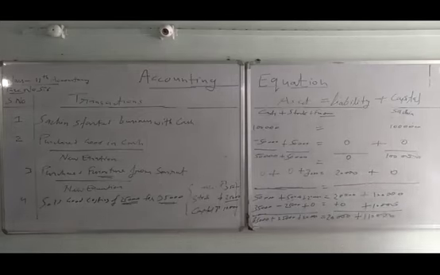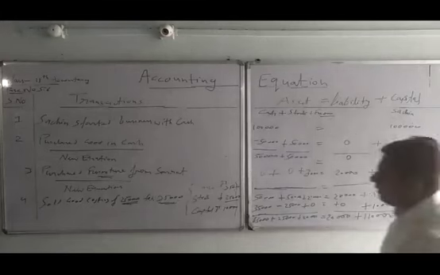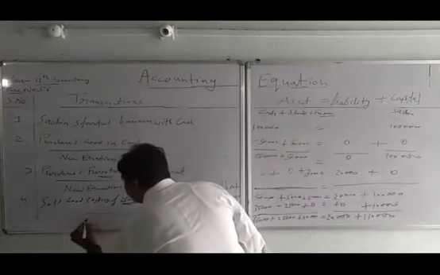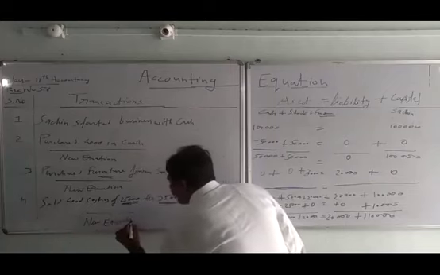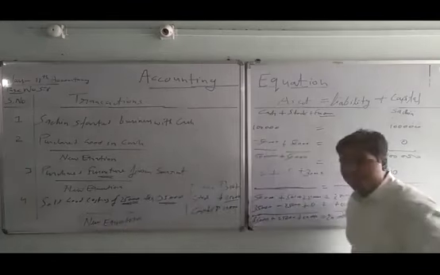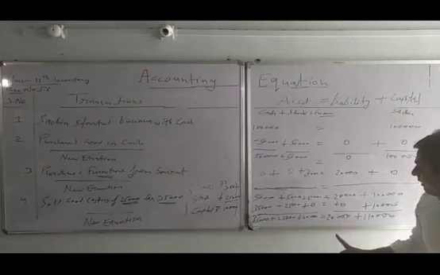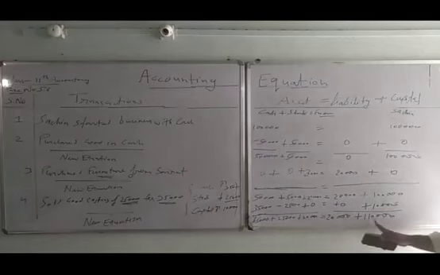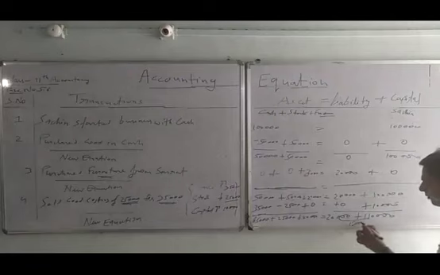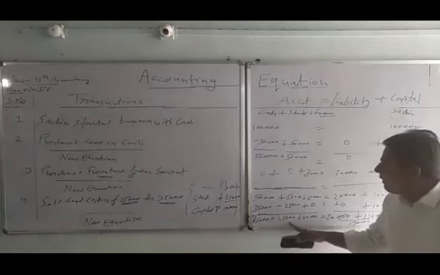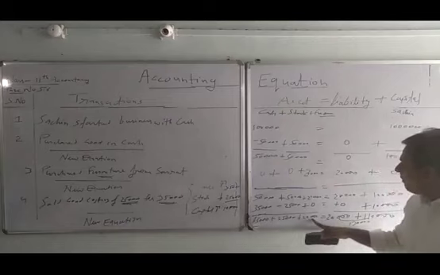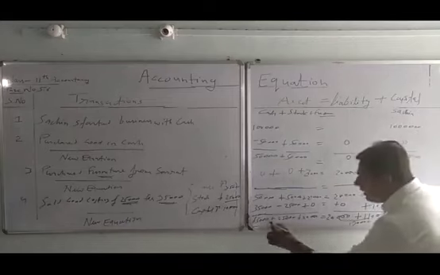If you total them now, 85,000 plus 25,000 is 1,10,000, plus 20,000, 1,30,000.